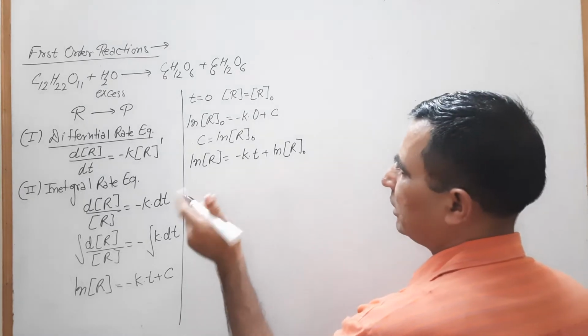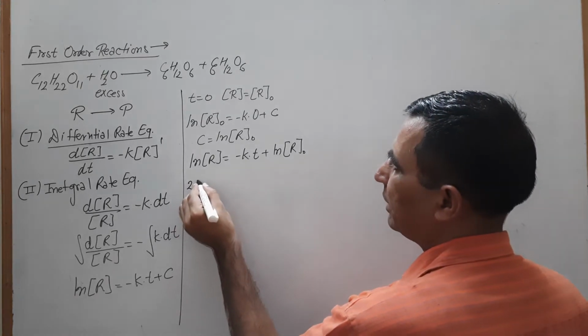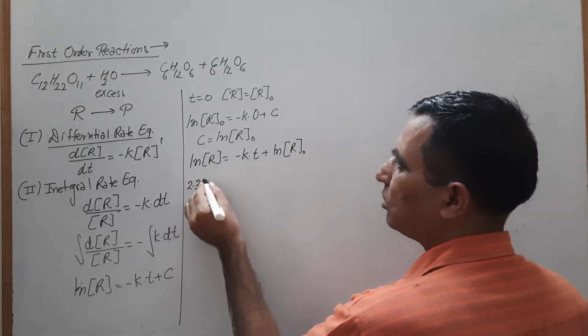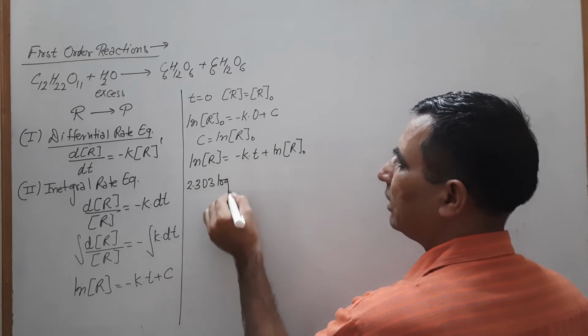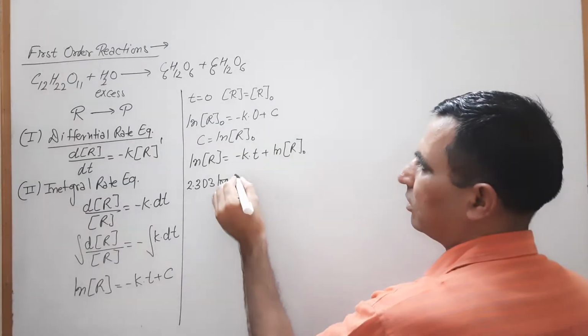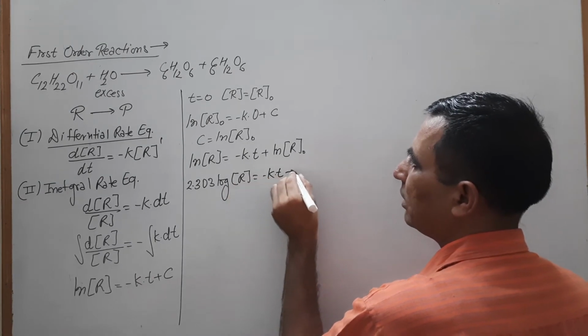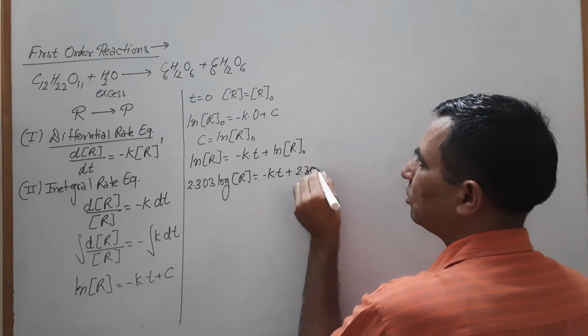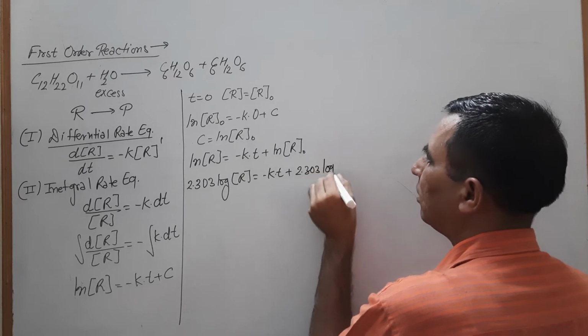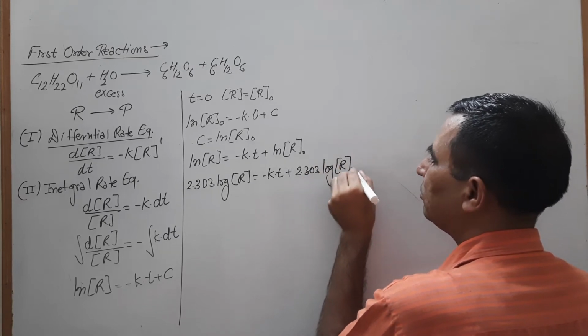Whenever you like to change to base 10, we multiply with 2.303, and instead of ln R we write log base 10: 2.303 log R equals minus k t plus 2.303 log R0.